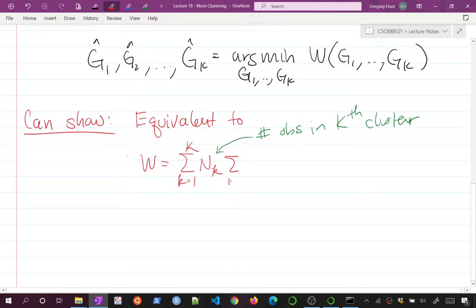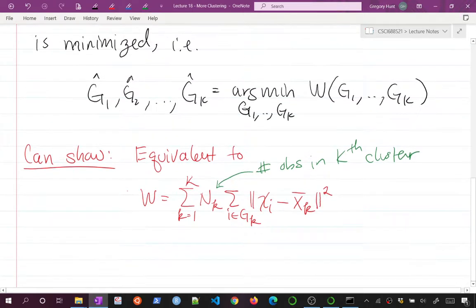And I'm going to sum over all i in that cluster the squared Euclidean distance of x_i to the mean of that cluster.